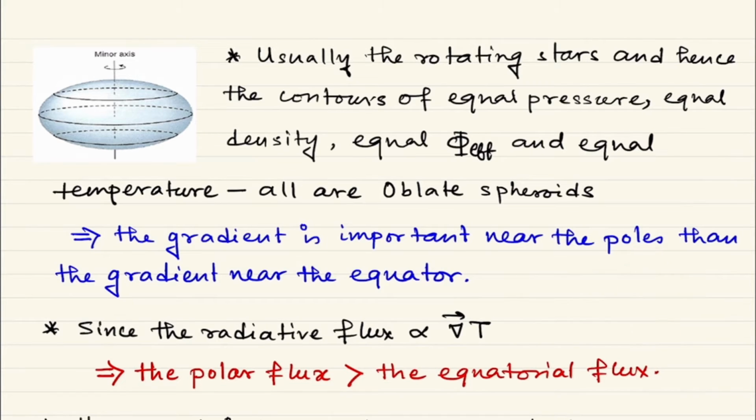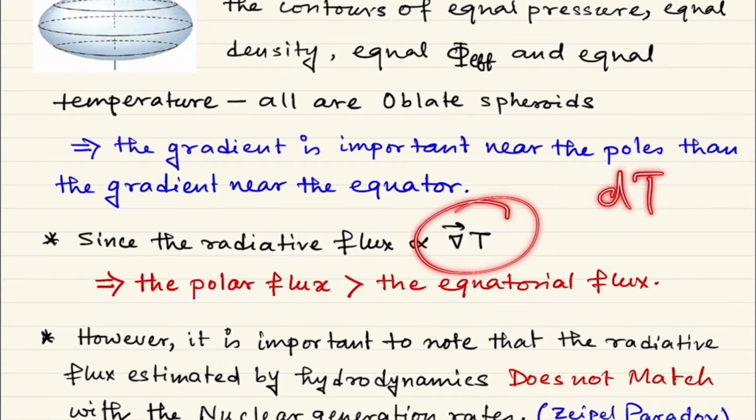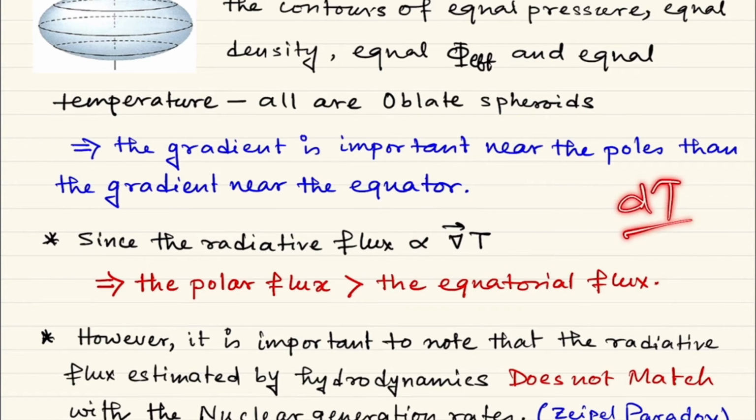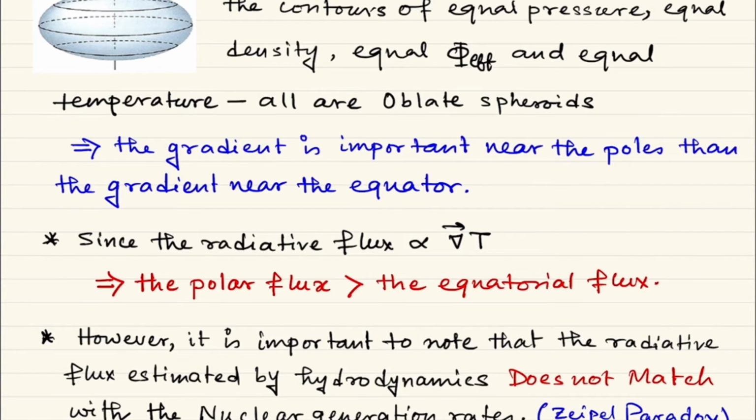As delta equatorial is greater than delta P, the temperature gradient will be greater at the poles than near the equator. Gradient simply means dT/dx. So dT is constant, but dx is smaller near the poles, which is why dT/dx gets a larger value. So the gradient is higher.